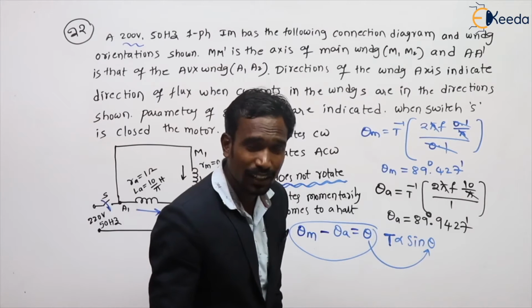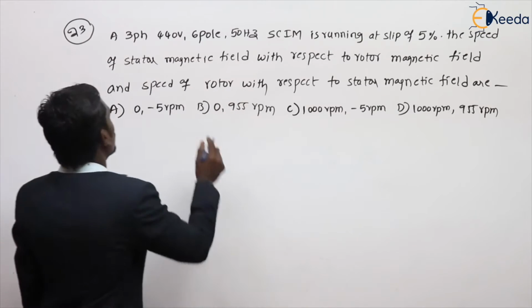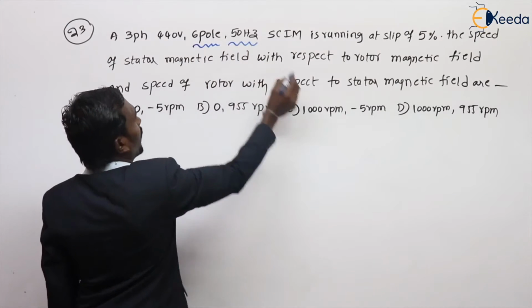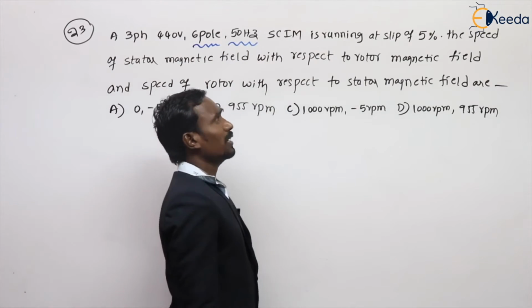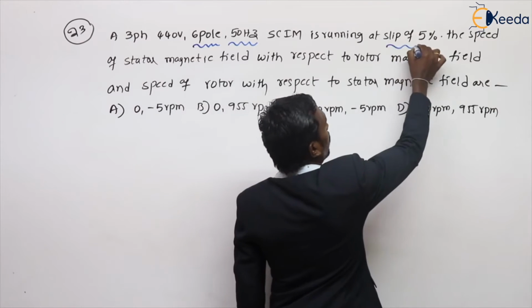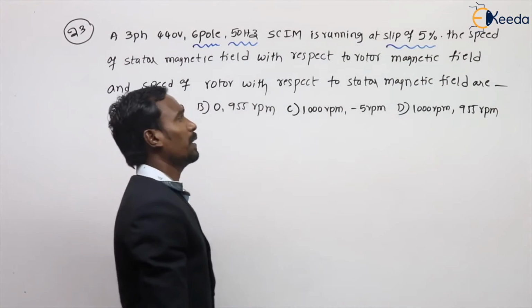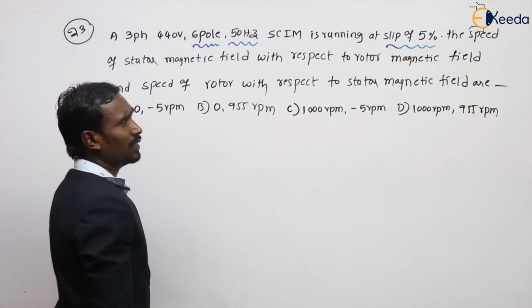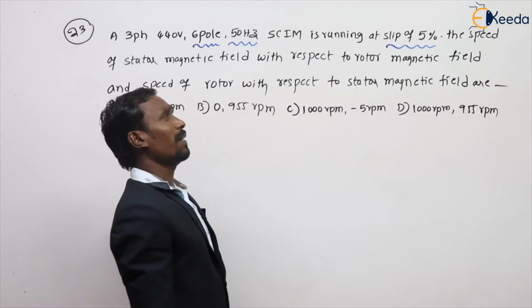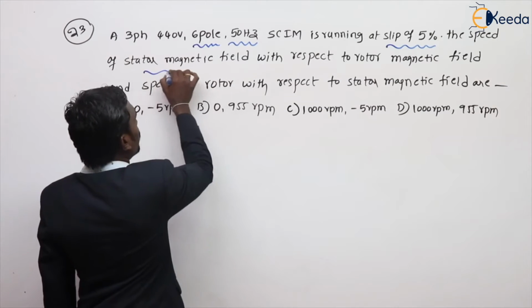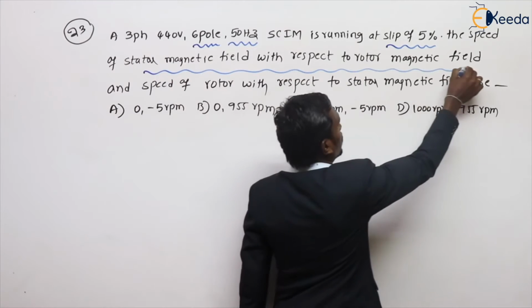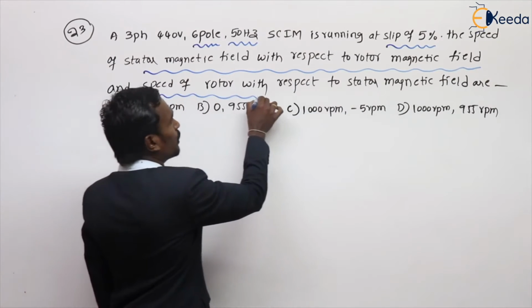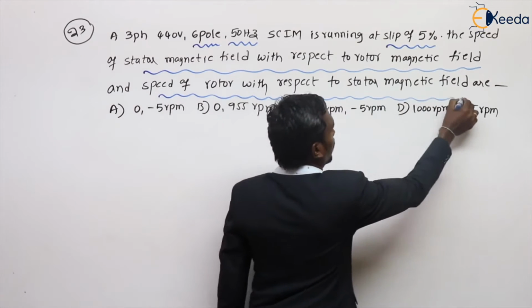Are you okay? Understood? Let's see. A 3-phase 440 volts 6-pole 50 Hz squirrel cage induction motor running at slip of 5%. Find the speed of stator magnetic field with respect to rotor magnetic field, and the speed of rotor with respect to stator magnetic field.